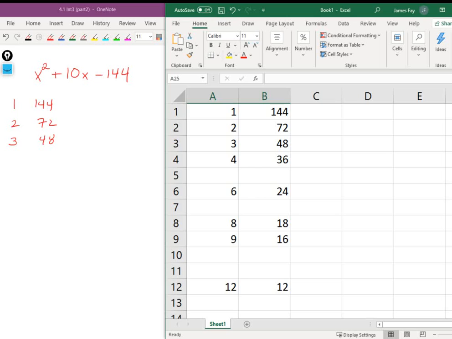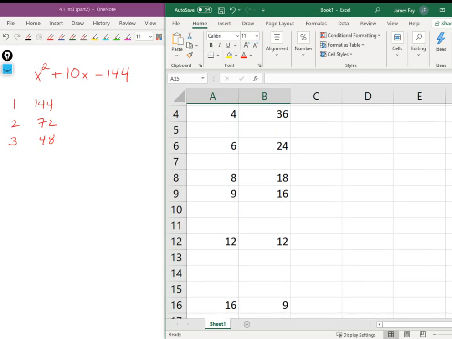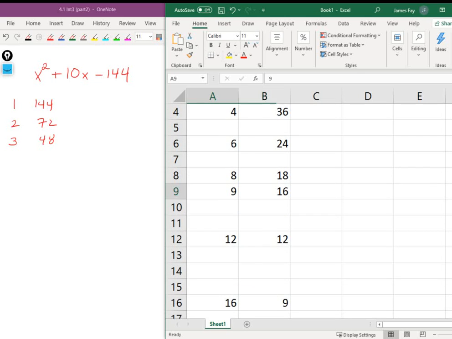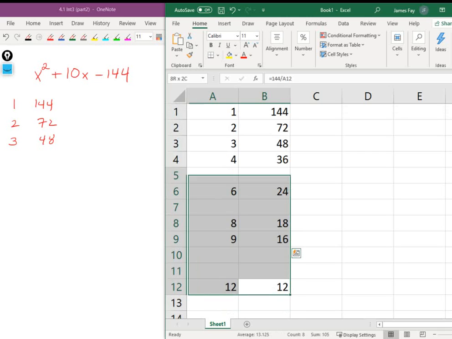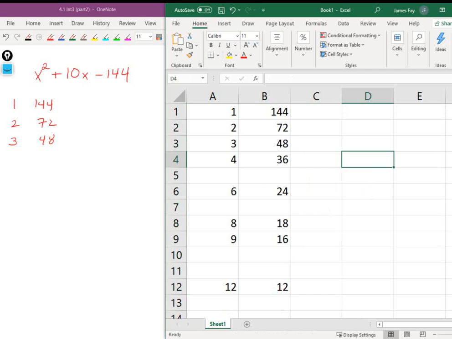If I wanted the factors of 144, there are 1 and 144, 2 and 72, 3 and 48, 4 and 36, 6 and 24, 8 and 18, 9 and 16, 12 and 12. And that's the breaking point, 12 and 12, because the next one is 16 and 9, but isn't that already right there? Okay. So those are my factors, instead of having to write the list down here.